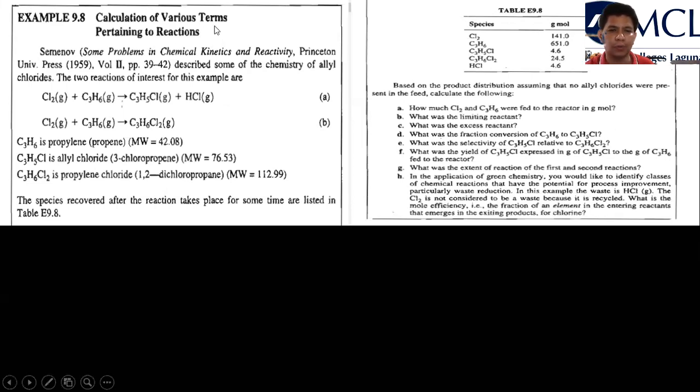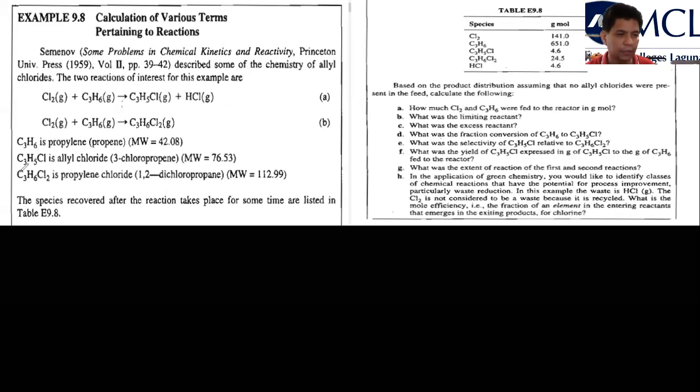Okay, so for letter A, let's try to calculate the number of moles of chlorine initially. So we can take a look at the table. We have 141.